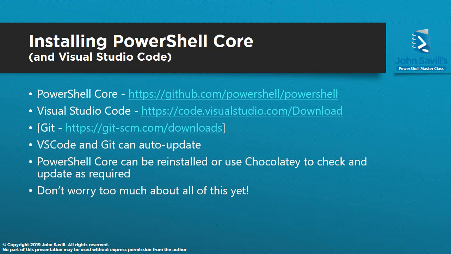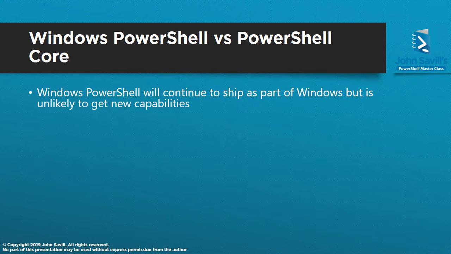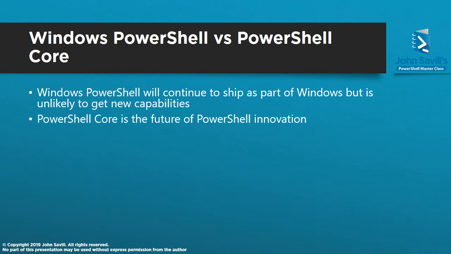So now, hey, you're starting off, you're looking at PowerShell, and you might already be thinking, well, which one should I be using? When I think about Windows PowerShell versus PowerShell Core, it really boils down to the fact that Windows PowerShell will continue to ship. It's going to ship as part of Windows, but it's really unlikely it's going to get any new capabilities. PowerShell Core is the future for any new innovation in PowerShell.